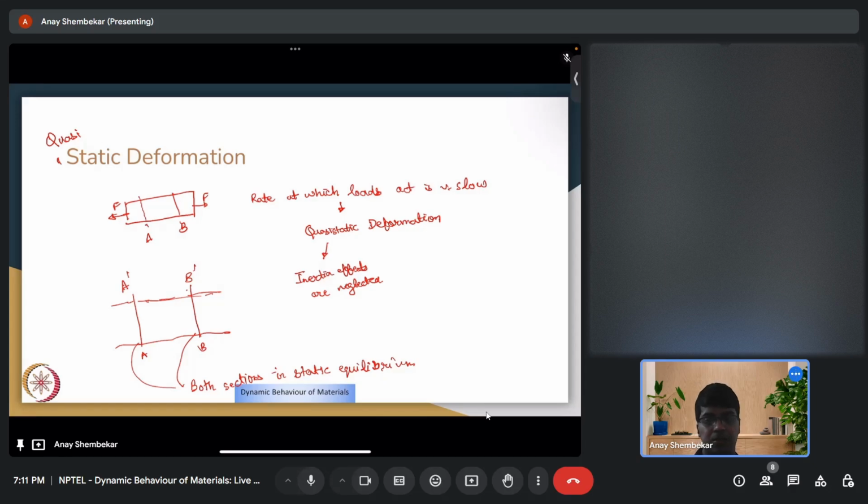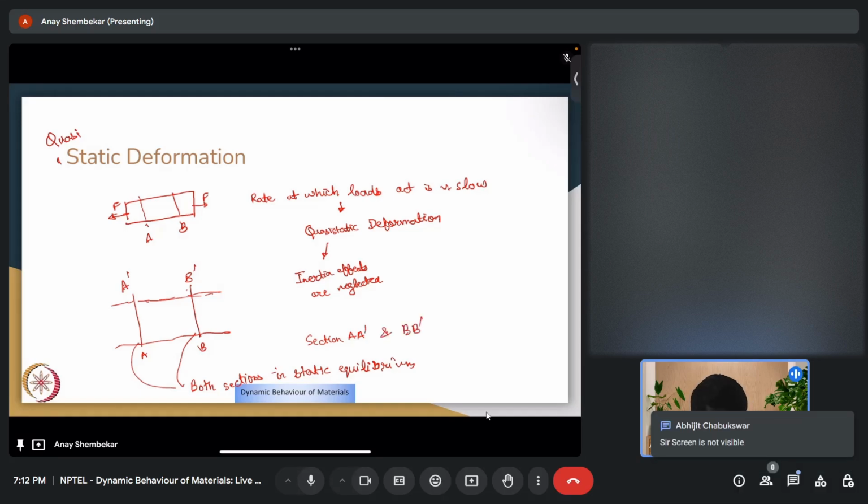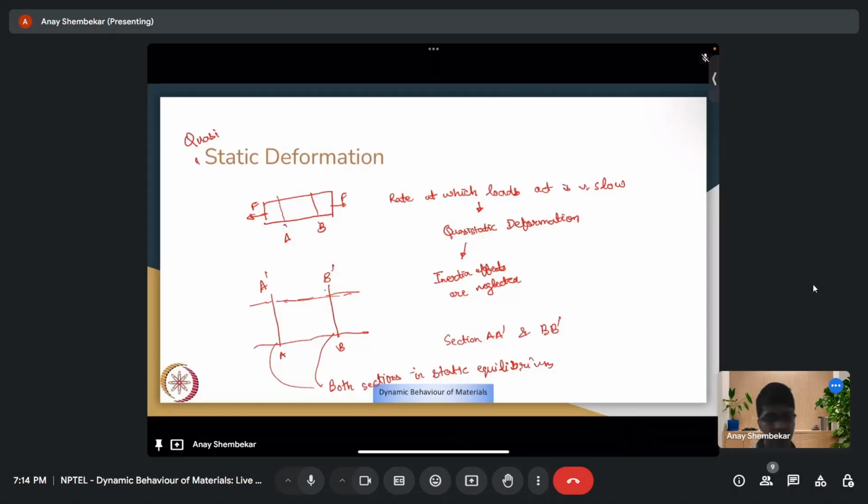Whatever loading section A dash experiences is the same as section B dash.